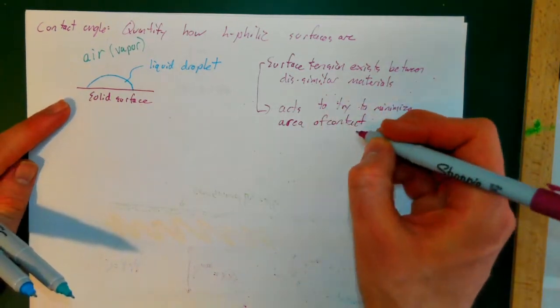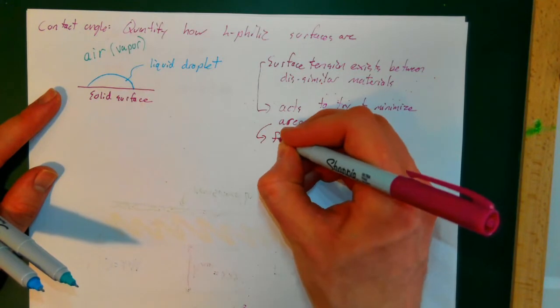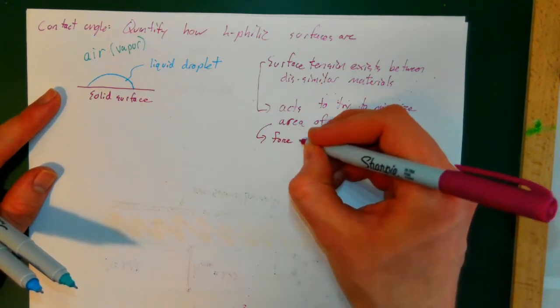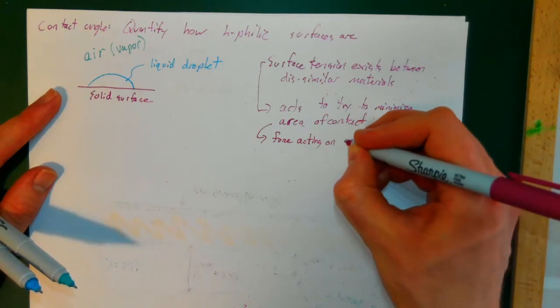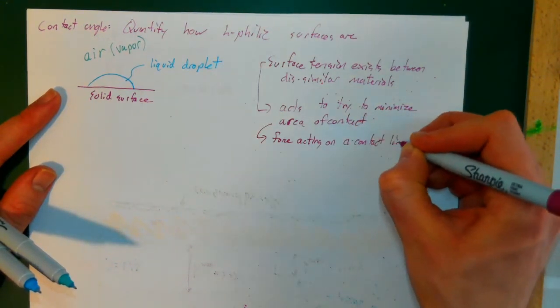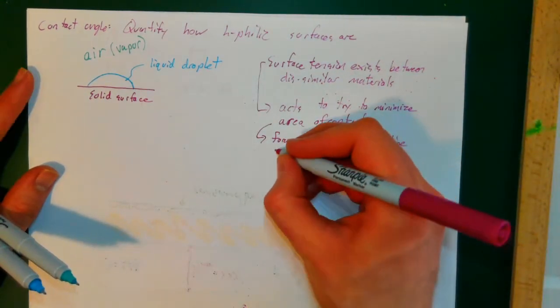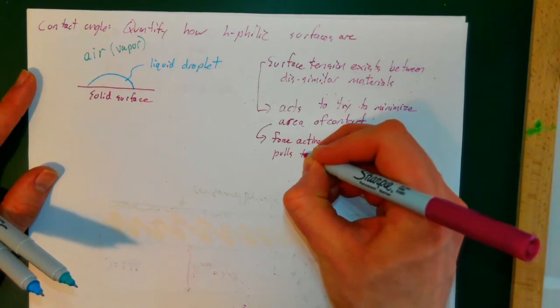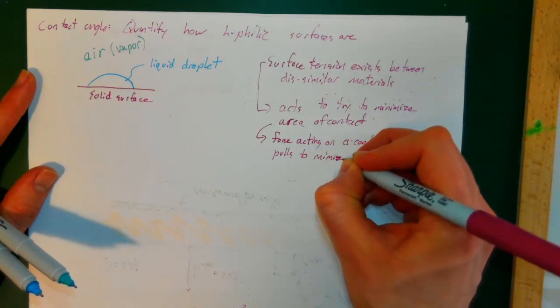The way that surface tension acts is it's basically a force acting on a contact line. And this force acting on a contact line basically pulls to minimize the area.